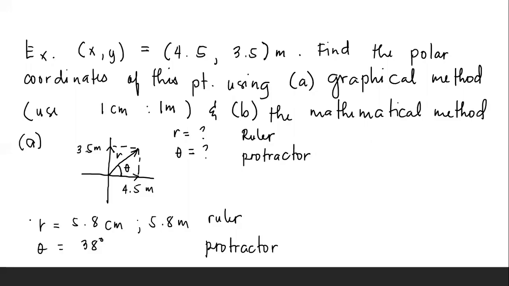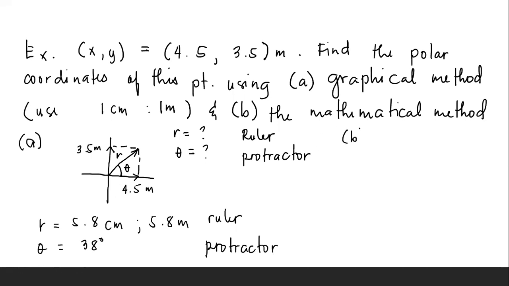Now using your protractor and ruler, you can find that your r is equal to 5.8 centimeters. Since the ratio is 1 centimeter is to 1 meter, therefore that would be 5.8 meters. And for the theta, you're going to use the protractor in finding the angle theta. Therefore, that is 38 degrees.